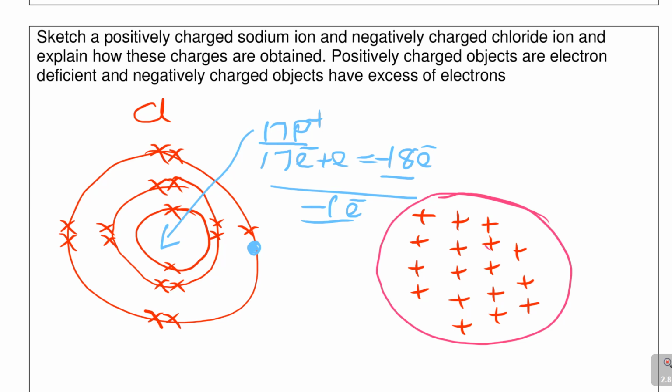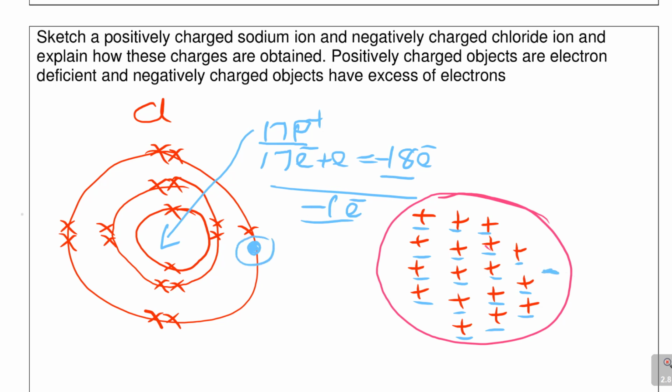So this is 17. Now look at the electrons I'm going to have. 1, 2, 3, 4, 5, 6, 7, 8, 9, 10, 11, 12, 13, 14, 15, 16. So these are 17 electrons, but remember it gained this extra one, so I will have an extra electron there.